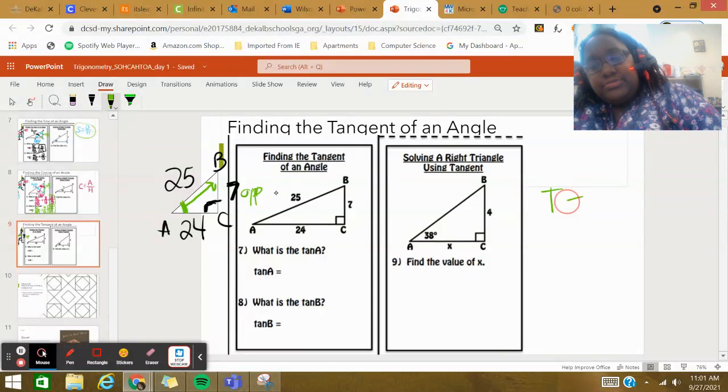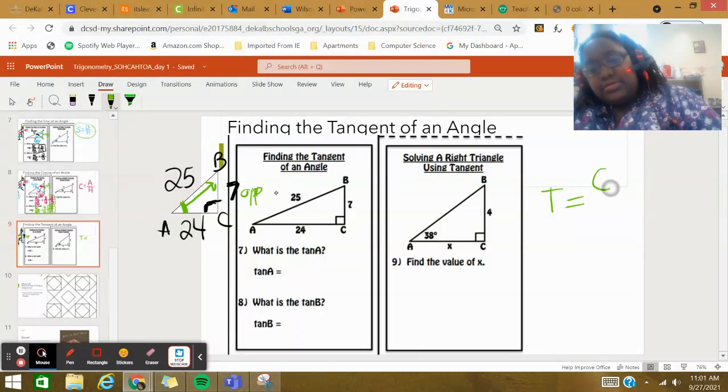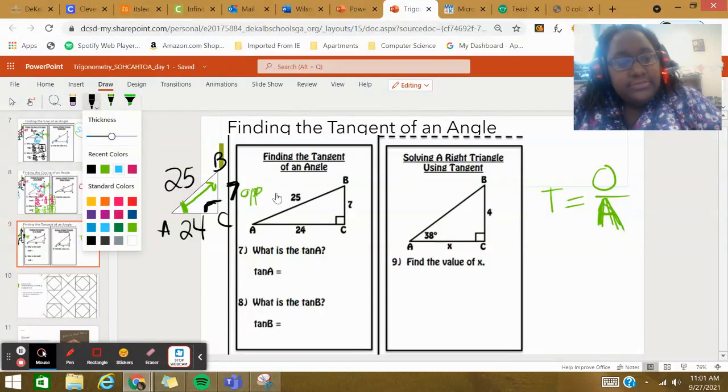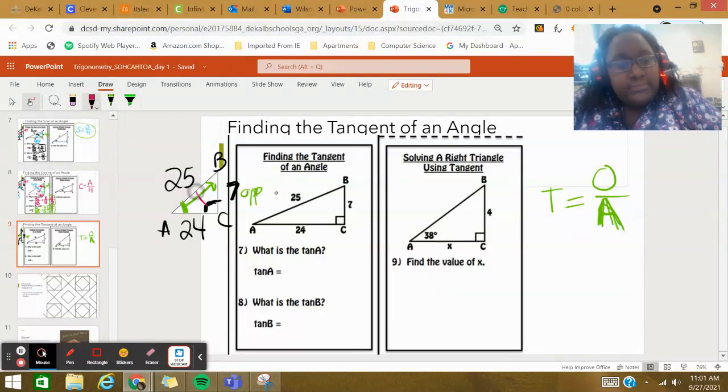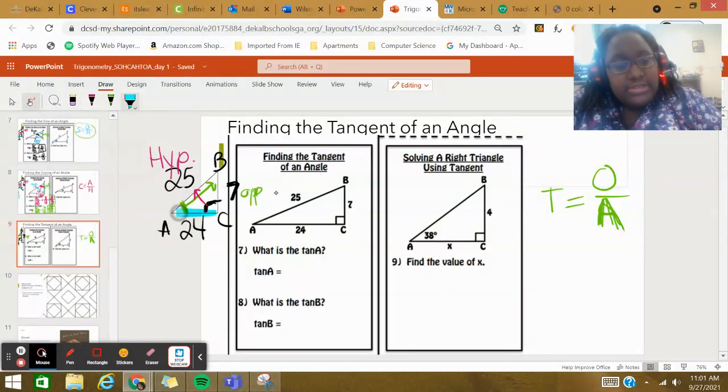Tangent is going to give you opposite over adjacent, or T over A. Okay, so this is my opposite side from A. My hypotenuse will be opposite my 90-degree angle. I'll put HYP here. And then finally, I got an adjacent side, which is going to be AC.